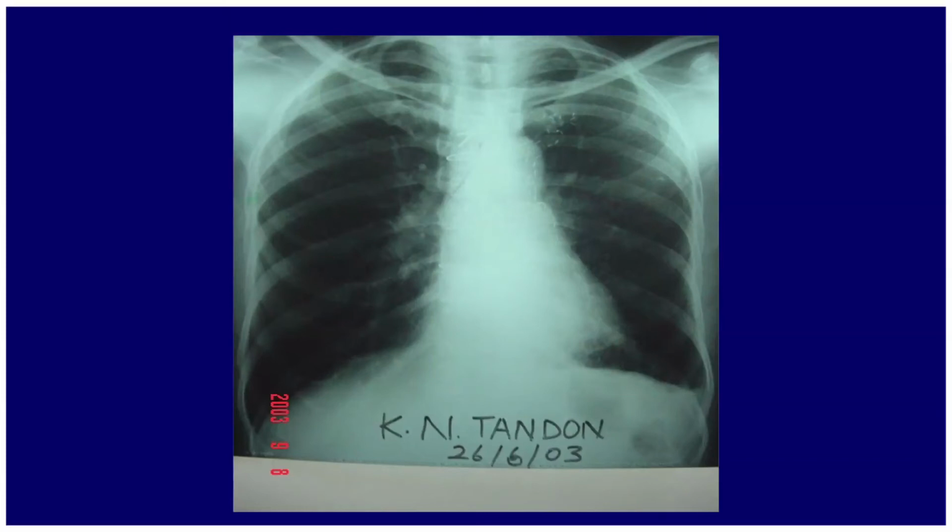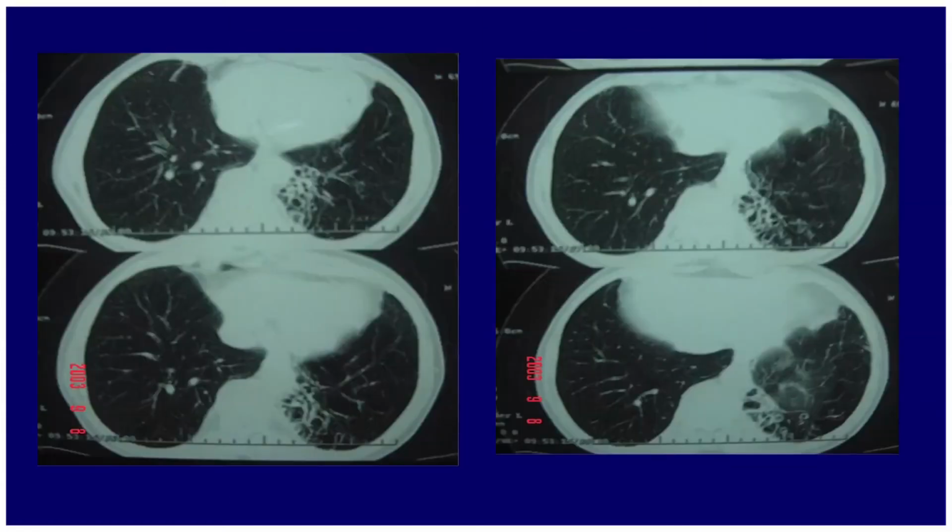If you see in this X-ray, you find some doubtful shadows in the retrocardiac area on the left side. So, we got CT thorax done, and high resolution CT thorax has shown localized bronchiectatic changes in the left lower lobe. What I am trying to say is, these are hidden lesions, and you have to apply your mind. Physical examination in such cases is very important, and further investigations are required to prove the diagnosis.